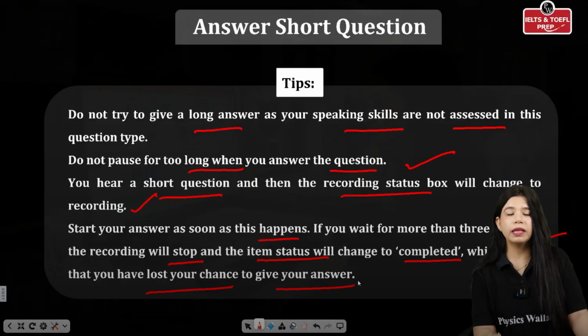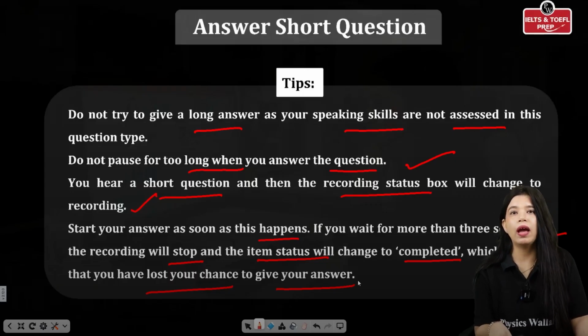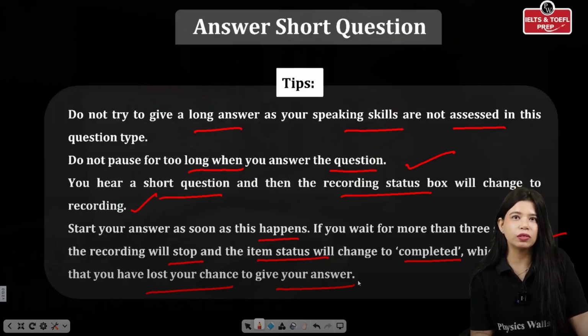So that means even in those 10 seconds, you have to start speaking almost immediately. If you wait for more than 3 seconds, you will lose your chance because the status will show completed and you will have to move ahead. So do not wait for more than 3 seconds once you get your chance to record.